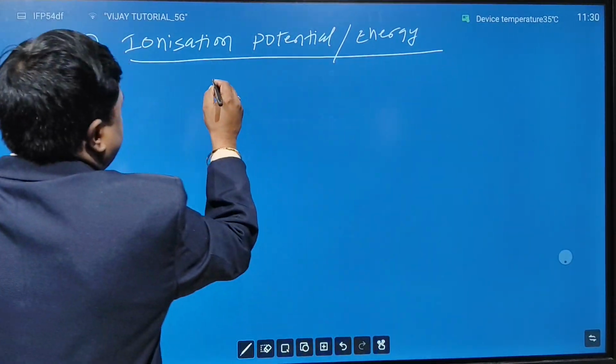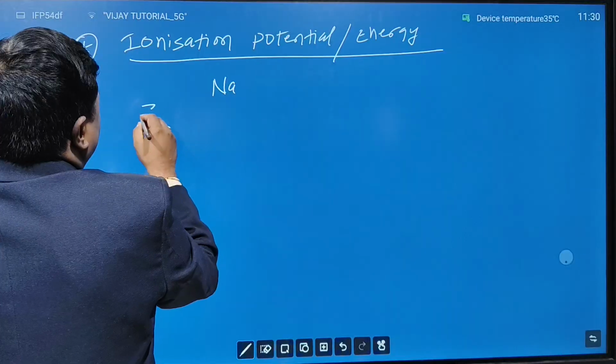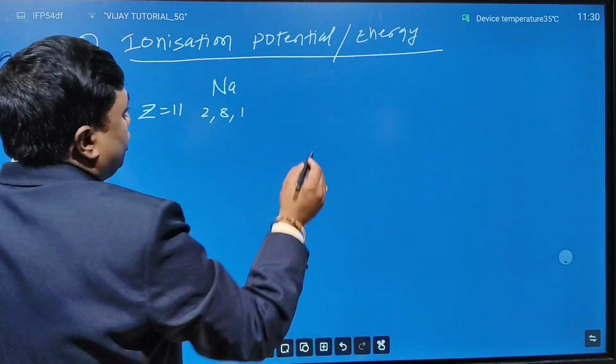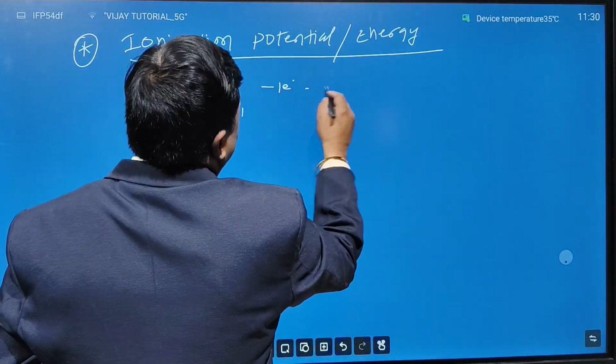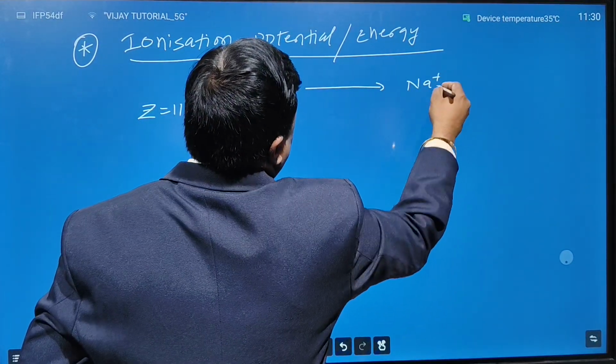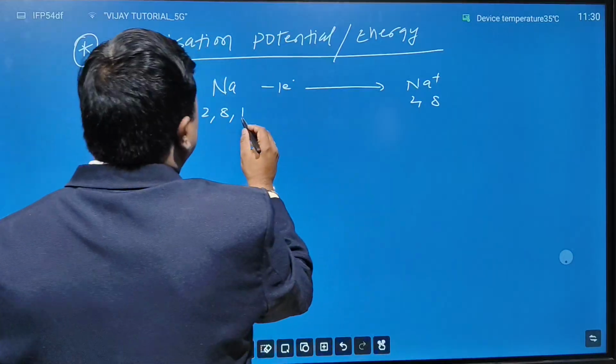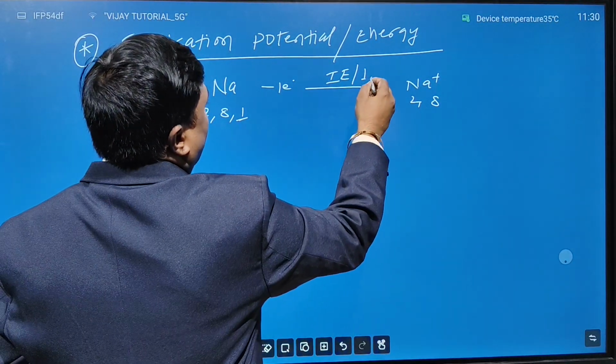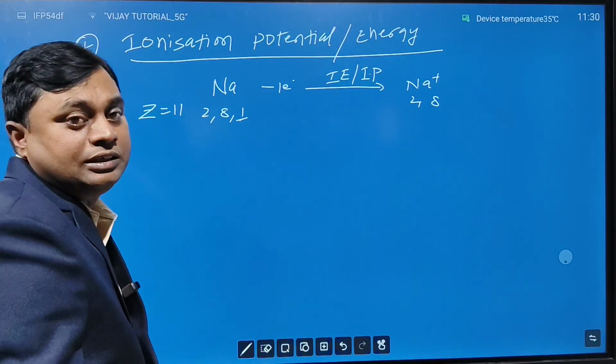Let's take sodium. The atomic number of sodium is 11, electronic configuration 2, 8, 1. So it will lose one electron and form Na plus. To remove the valence shell electron we need energy, which is called ionization energy or ionization potential. Is it clear?